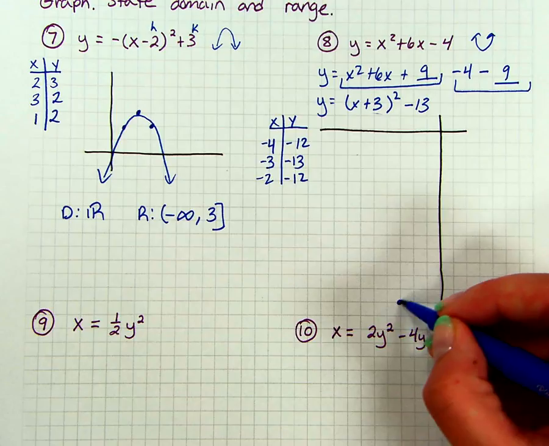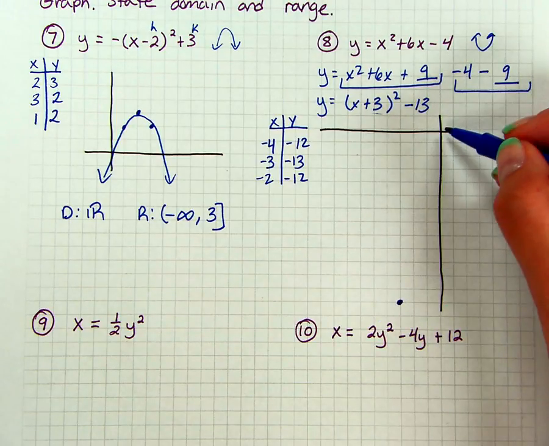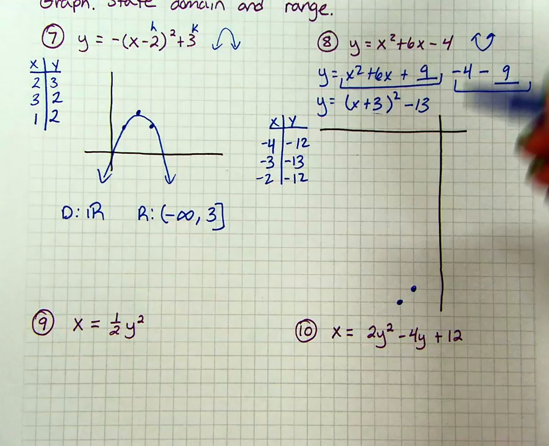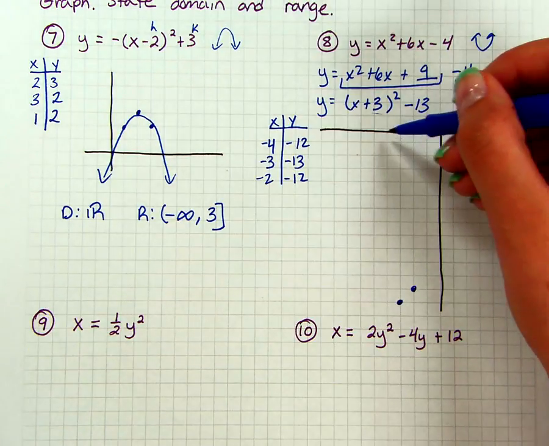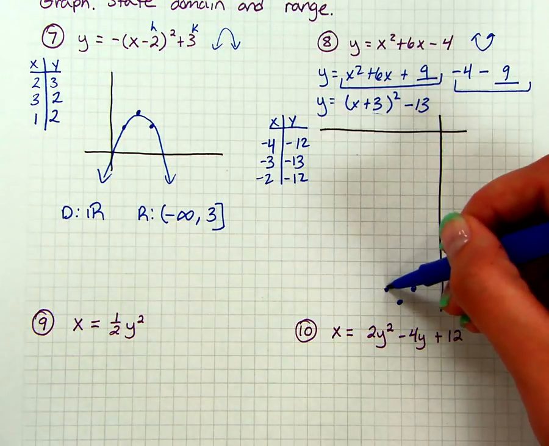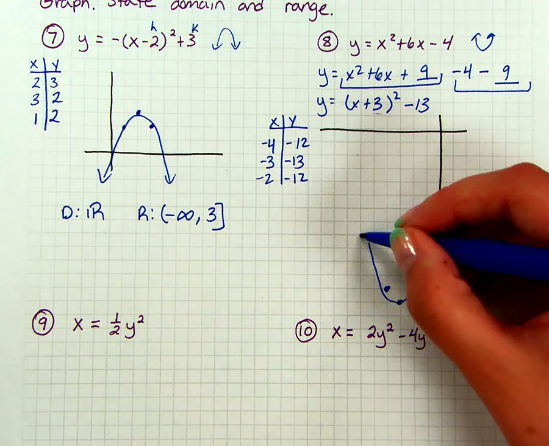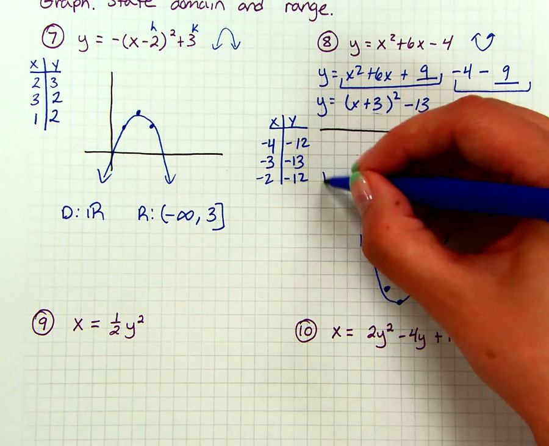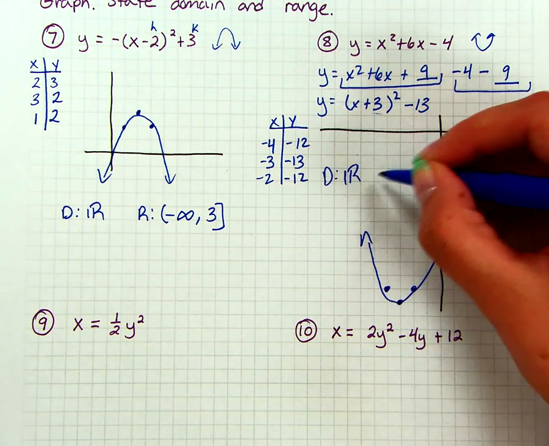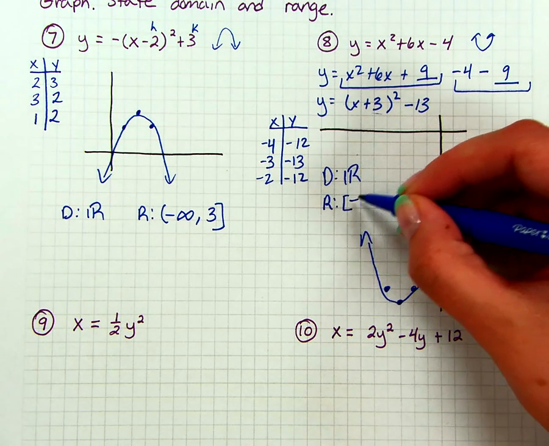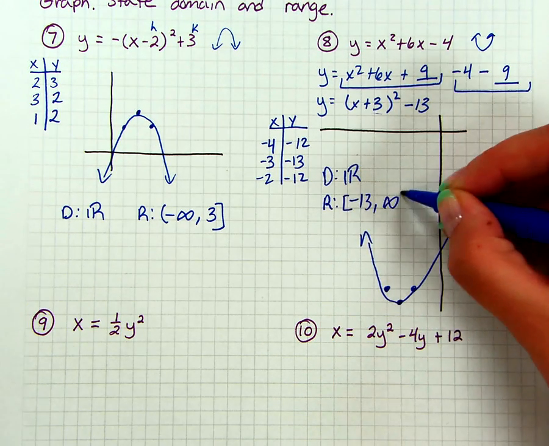Here's the vertex. And then we're going to go left 2, down 12. And left 1, 2, 3, 4, down 12. And we're making a U shape opening up. Okay. So domain for this one, all reals. And the range is going to be from negative 13 to positive infinity.